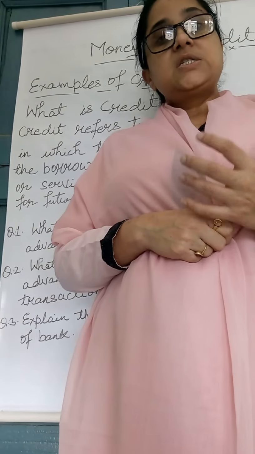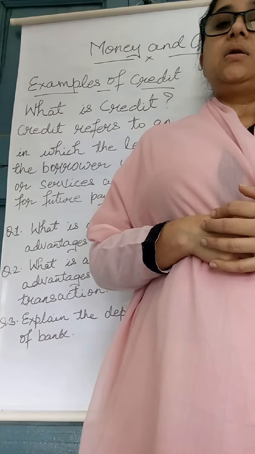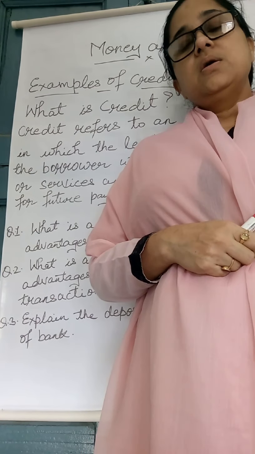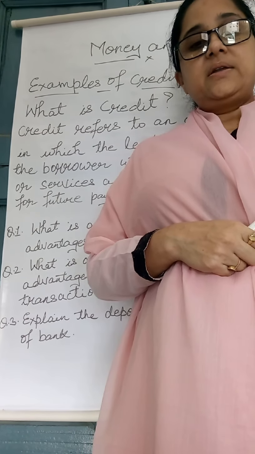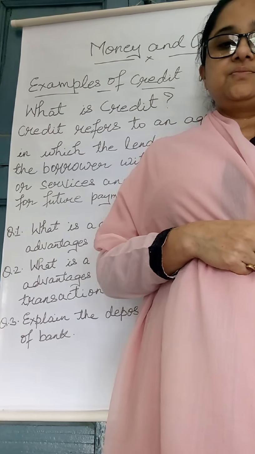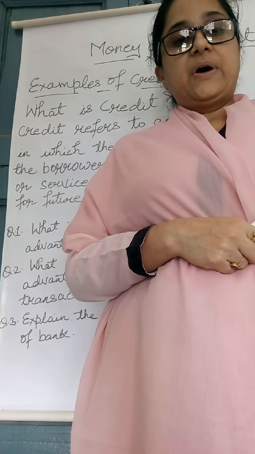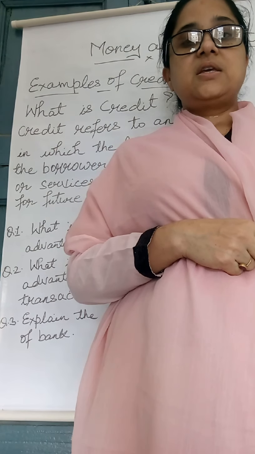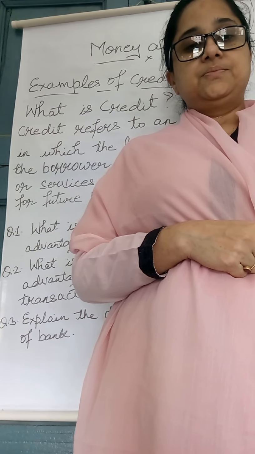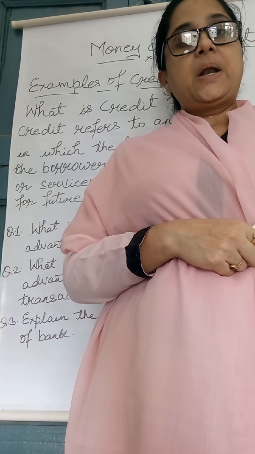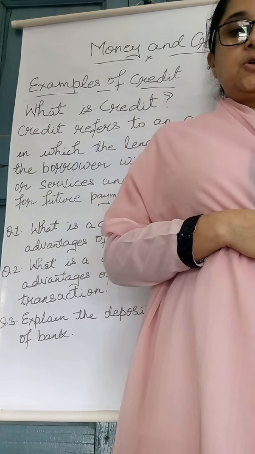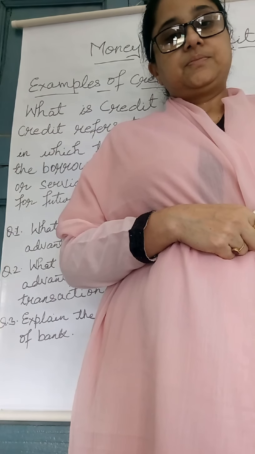Credit taken by Mohanlal, a garment manufacturer. Suppose there is the festival season of Diwali and Mohanlal has received a large number of orders to supply ready-made garments within 2 months' time.